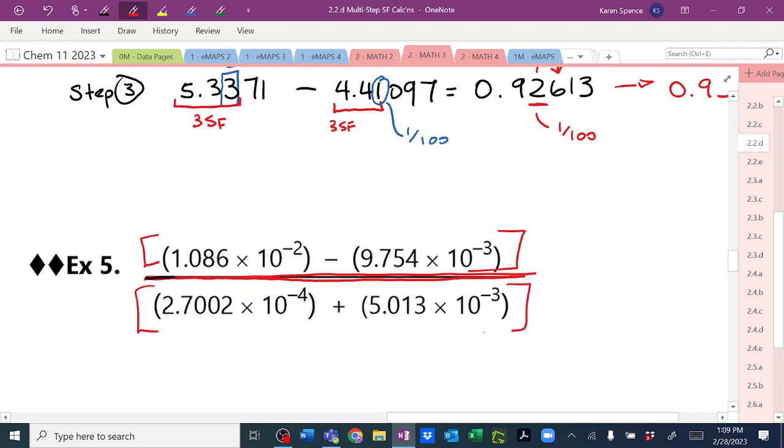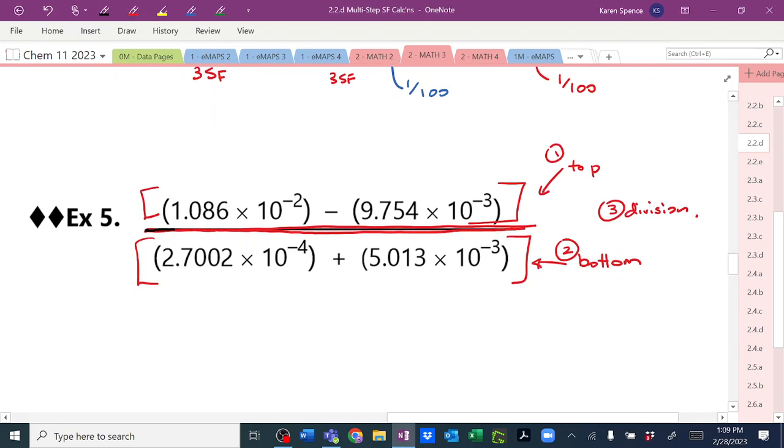You don't have to write them. That division line does it for you, okay? So we're going to do the top part, then we're going to do the bottom part, and then third, we're going to do the division.